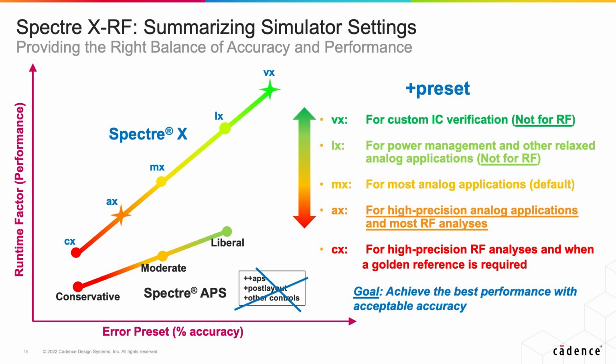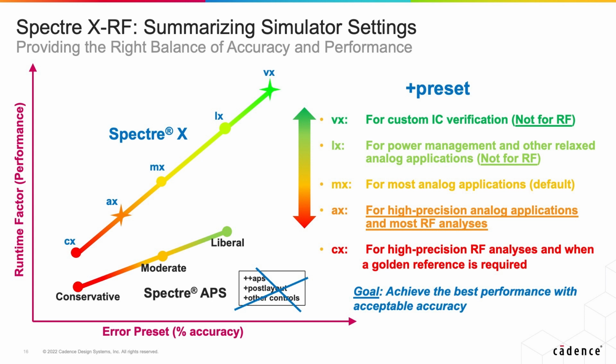MX would be like moderate. CX would be like conservative. But in APS there was no AX, and AX is really the sweet spot for RF. So when you're using Spectre X and RF analysis, start with AX. For more accuracy, go left; for less accuracy but more speed, go right, and never use LX or VX.